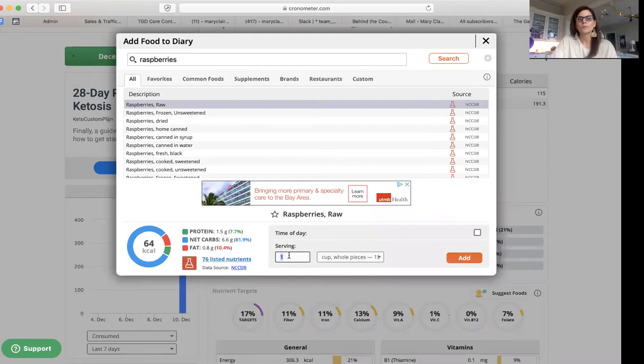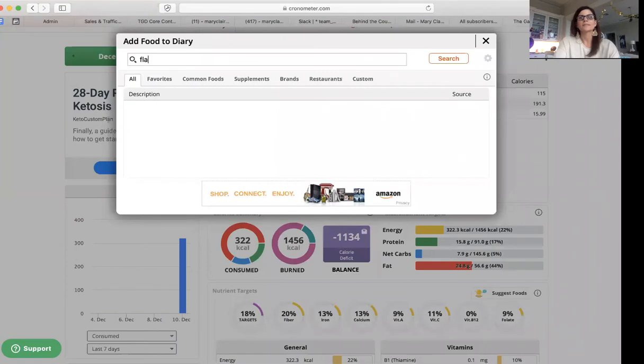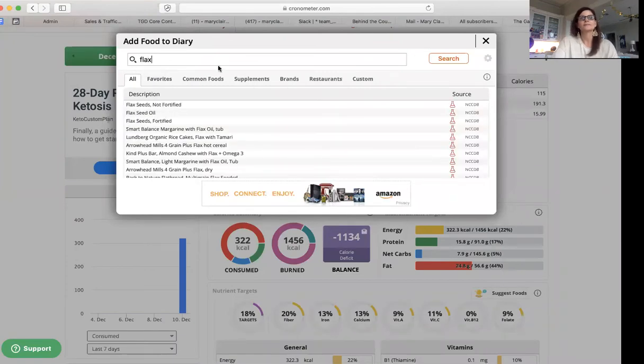So I'm going to do a quarter cup of that too. Okay. Again, fat 66%, protein 19%, and carbs 15%. Still really, really good. I tend to add some flax seeds.